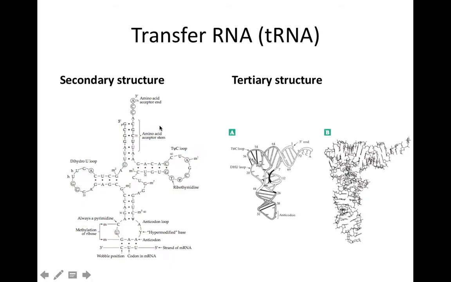Next, we have the transfer RNA, also known as the tRNA. If you will find here, a tRNA is actually single-stranded, but it folds on itself and it forms a cruciform. This is called a cruciform because it looks like a cross. If you will find, it has several stem and loop structures here, at least 3.